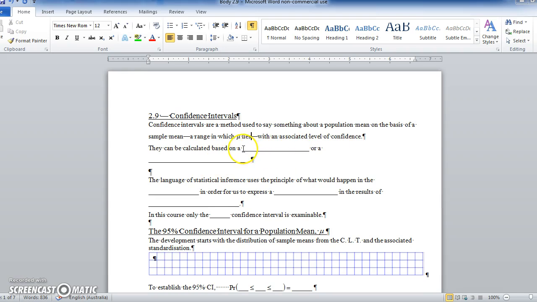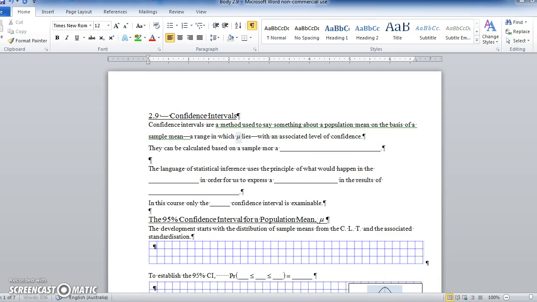These can be calculated based on a sample mean or a proportion. The proportion at the moment is not important. That's going to relate more when you get into binomial distributions.